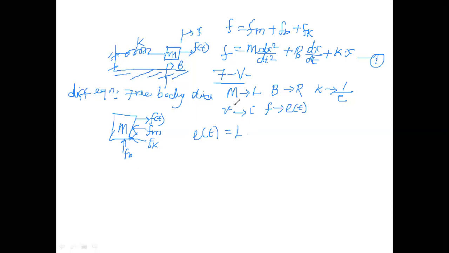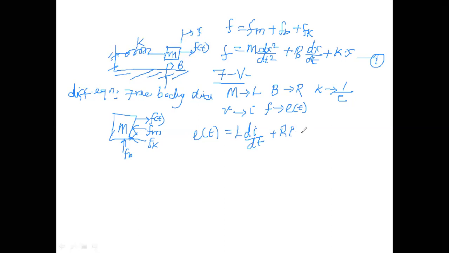Here velocity should be replaced with I, so d squared x by dt squared can be written as di by dt. Plus r into I of t, or we can write r into I. Instead of I of t, you can write I also, right?